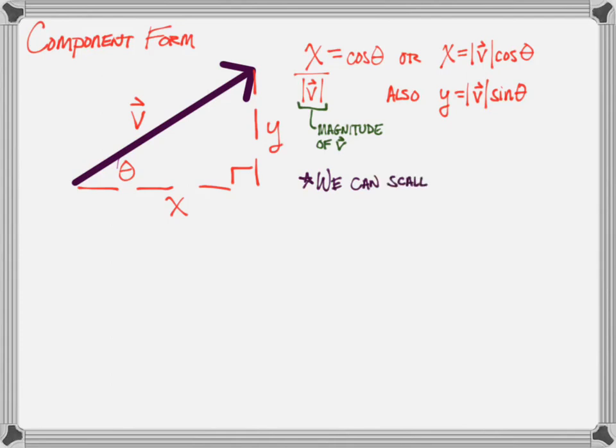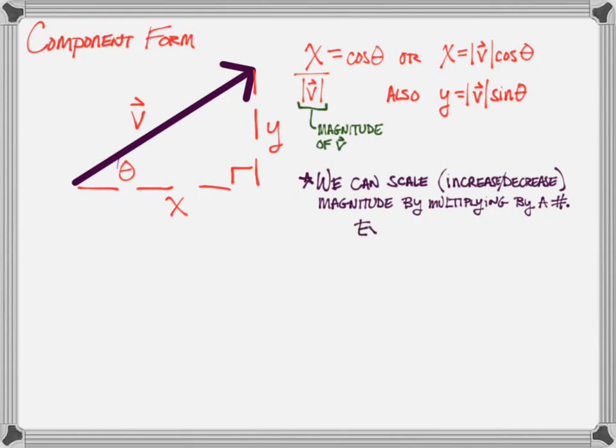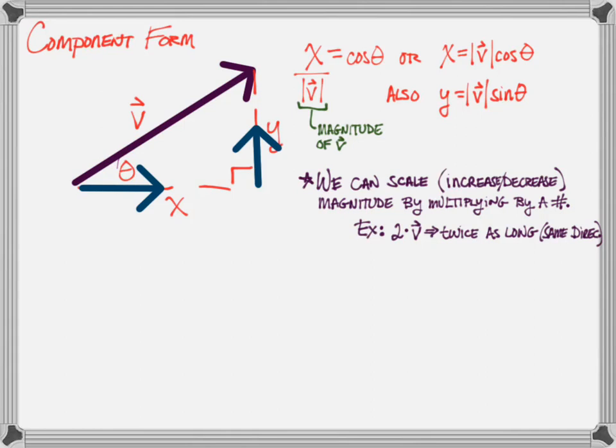And so we can scale these, right? We can increase or decrease these vectors in magnitude by multiplying by a number. So we just scale it, make it bigger or smaller by just having a value that we multiply by. So for example, 2 times vector v would be twice as long, but pointing in the same direction. Half as big would be half as long. And so we can talk about just scaling these unit vectors.